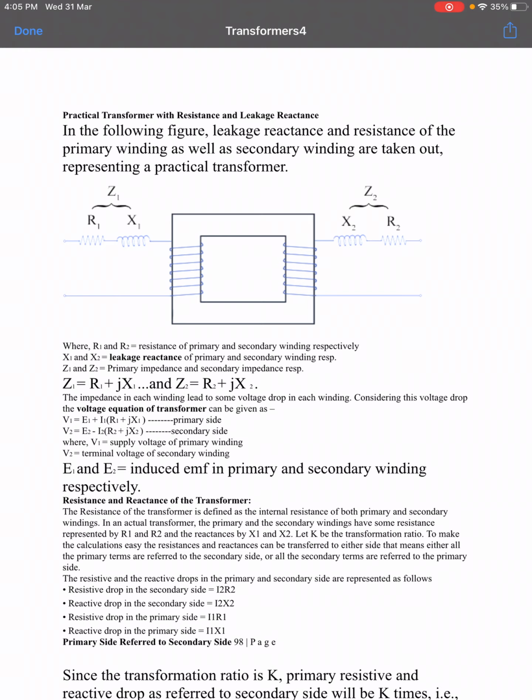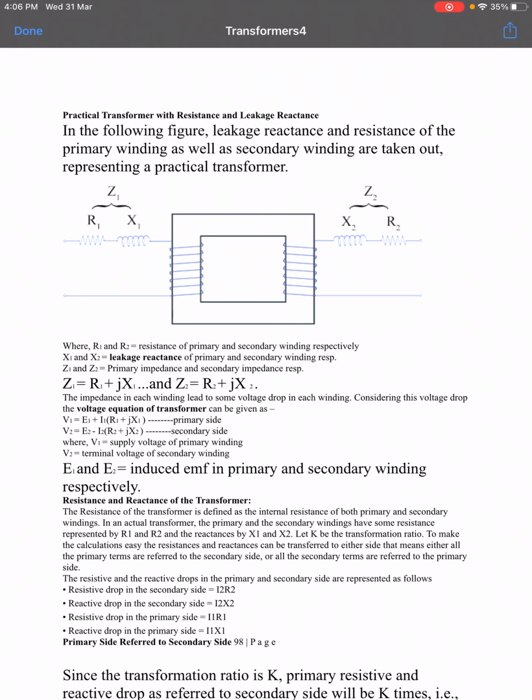Similarly, the primary reactance is X1 and the secondary reactance is X2, and K is the transformation ratio.